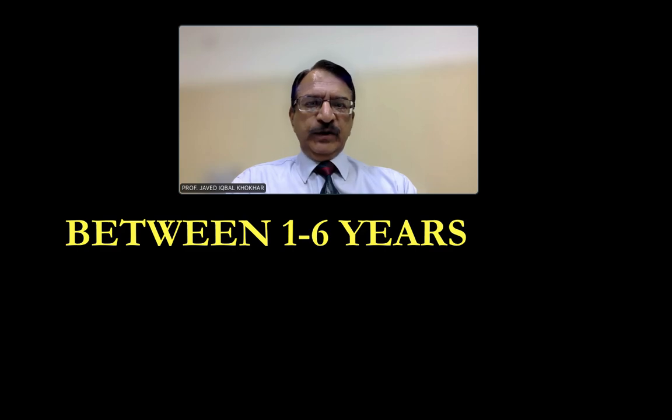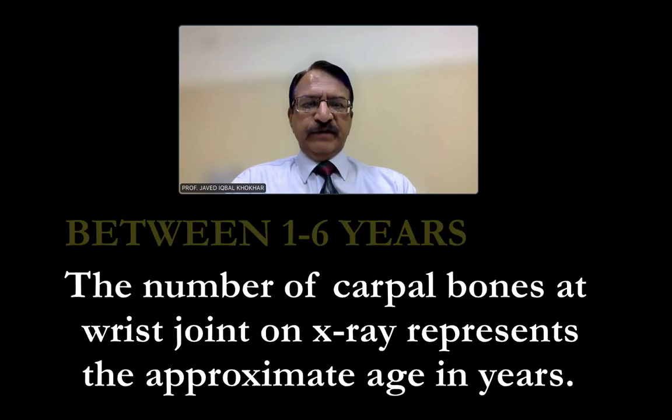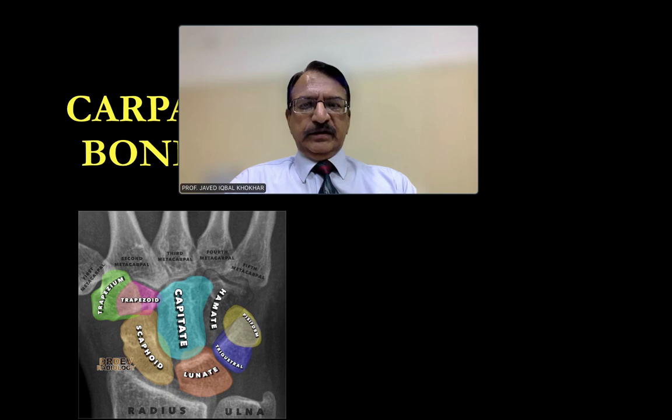And between 1 to 6 years, the number of carpal bones at the wrist joint on the X-ray represents approximately the number of years. Number of carpal bones equals number of years approximately. These are the carpal bones: scaphoid, lunate, capitate, trapezoid, trapezium, hamate, pisiform, and triquetral.